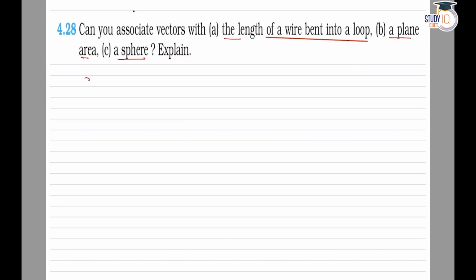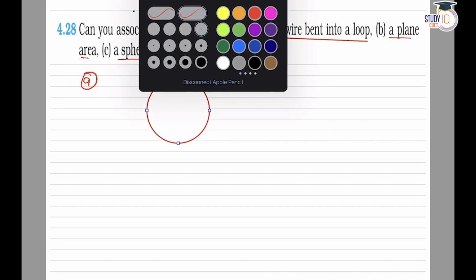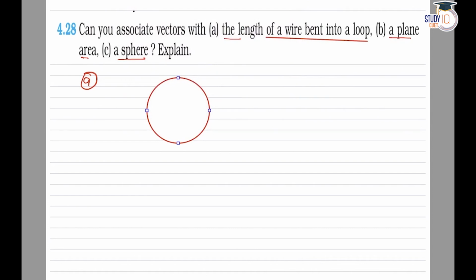So coming to the first part, the length of wire bent into a loop. Suppose a wire is bent in the form of a loop, and we have to check whether it can be defined as a vector or not. As we all know, a vector must have a particular specific direction.